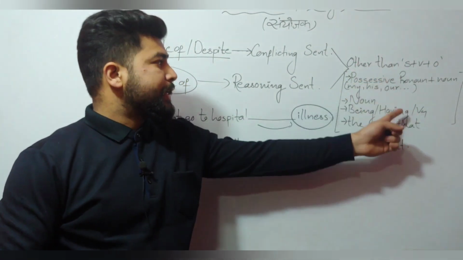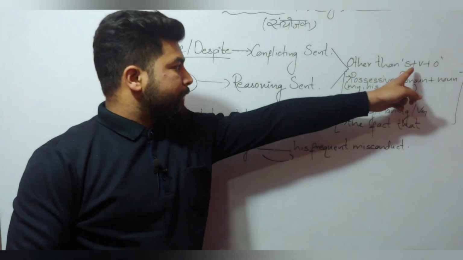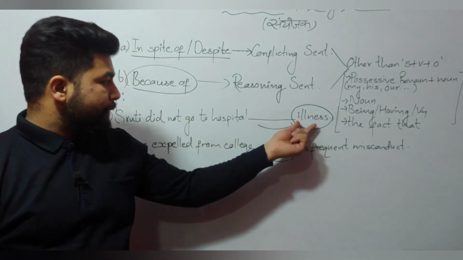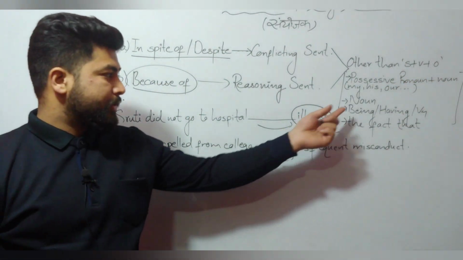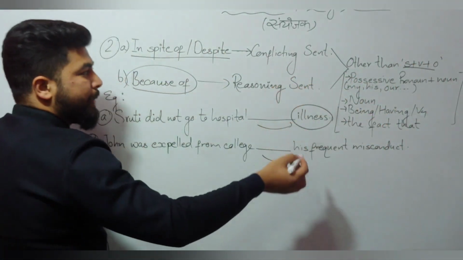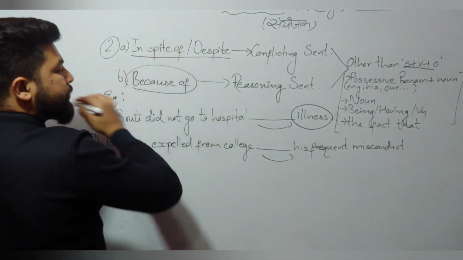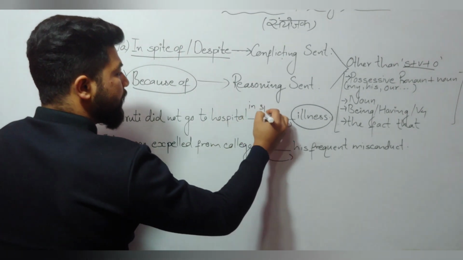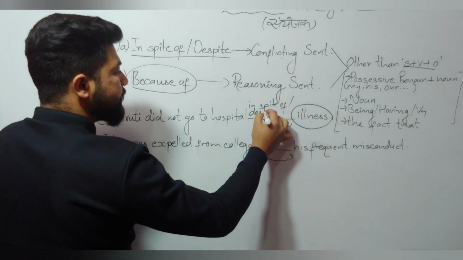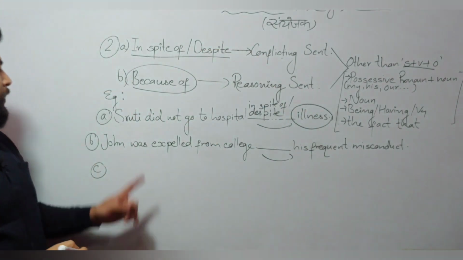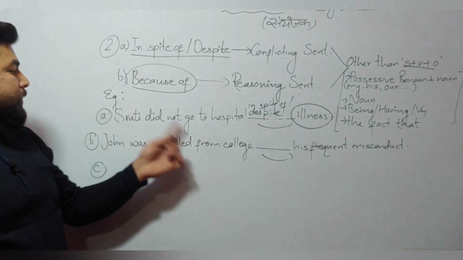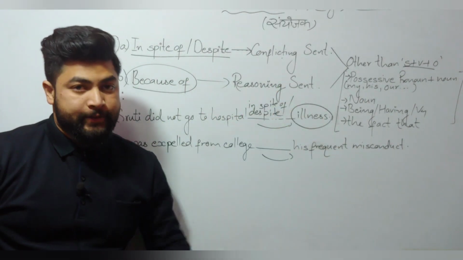You simply find out whether or not the given sentence is subject plus verb plus object. We found out that this is not a sentence. This is a noun. So in other than the subject plus verb plus object pattern, for conflicting we use in spite of or despite. So our answer is Shruti did not go to hospital in spite of illness, or Shruti did not go to hospital despite illness.